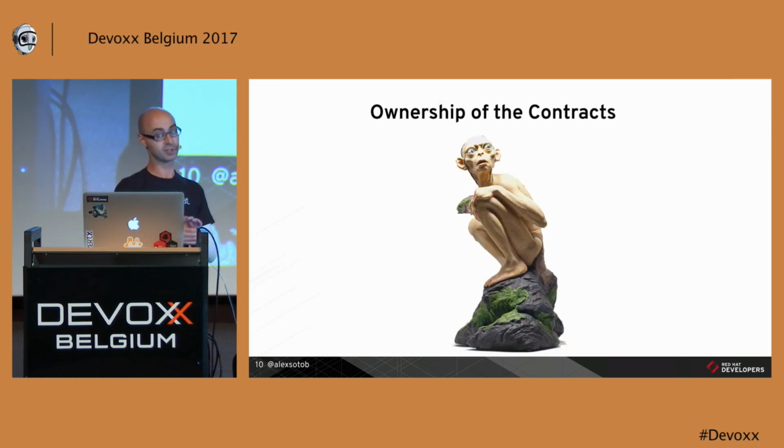The question is, who is responsible for creating and evolving the contract? There are several approaches. All of them are valid. One is the provider, the provider contracts: the provider writes the contract, and all the consumers need to follow that contract. The other one is the consumer, which is the other way around: the consumer defines the contract, and then the provider needs to adapt to that contract.